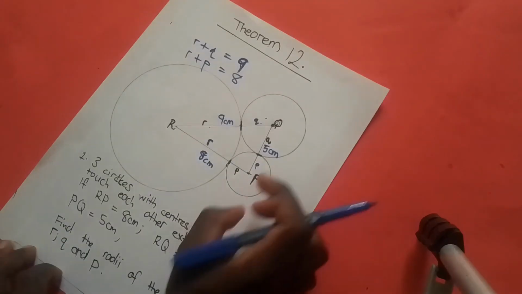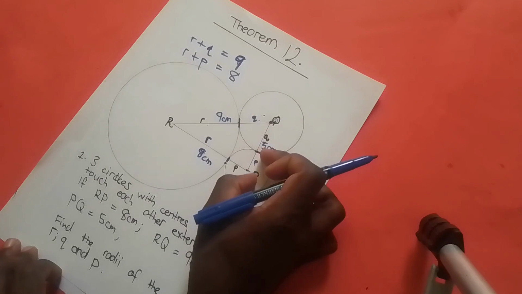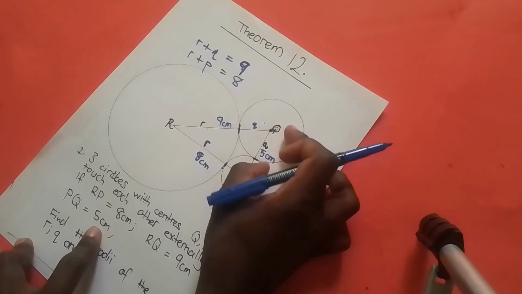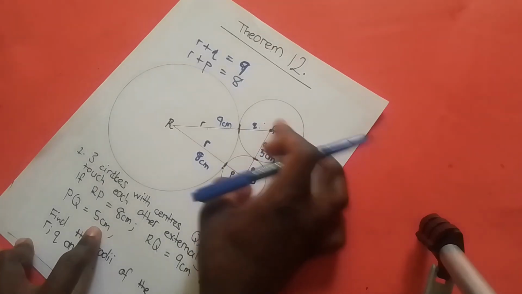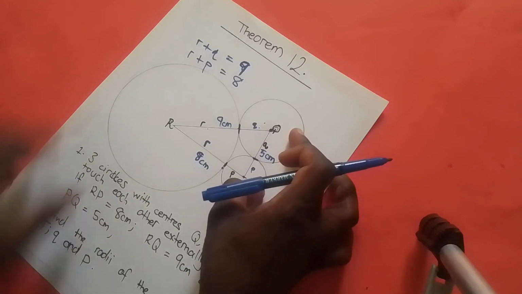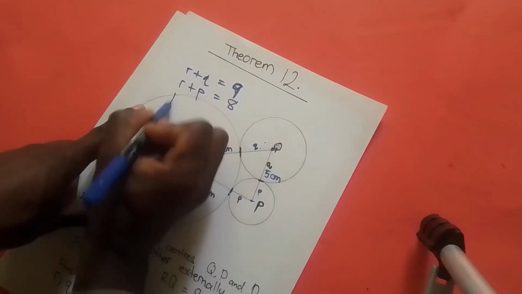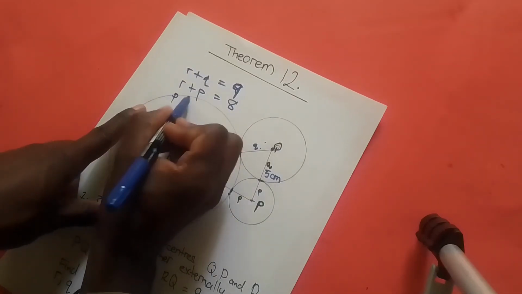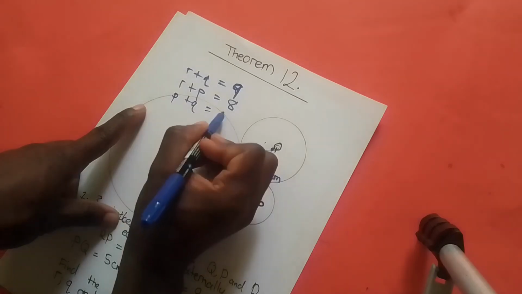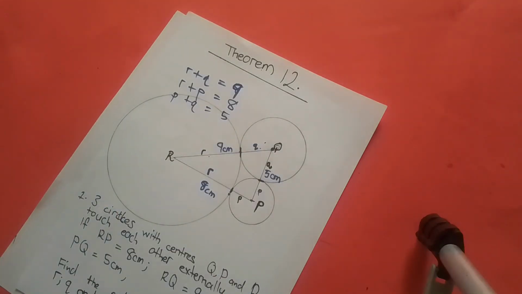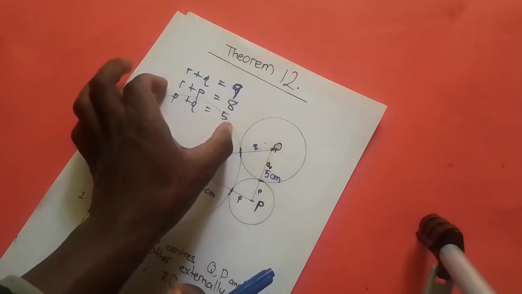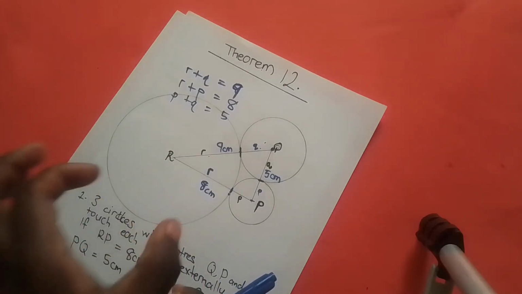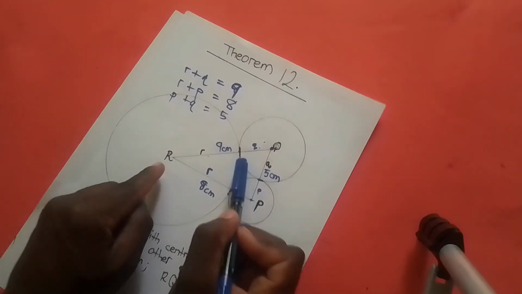So Q, the radius of this circle, plus the radius of the slightly bigger one, this entire distance is 5 centimeters. Therefore, P plus Q is equal to 5. So we now have those three equations, and we are going to play around with these three equations until we find the answer.